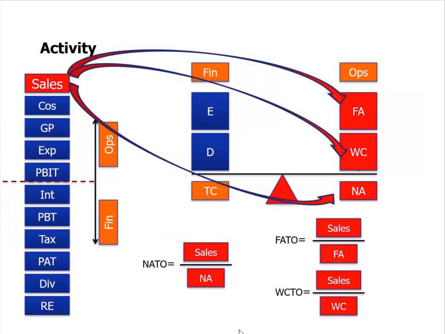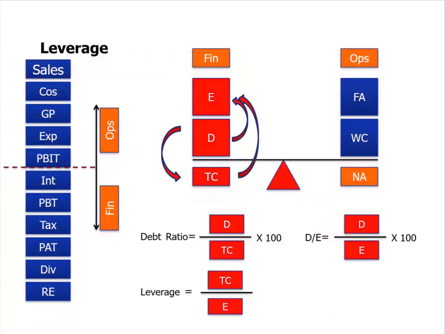The next one is activity. This was the same for RONA. This is sales over net assets. We know where to find that one. And then the last one that's being included in the return on equity formula is the leverage. And here we are measuring the total capital over the equity.